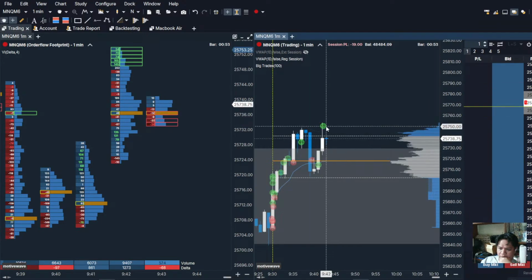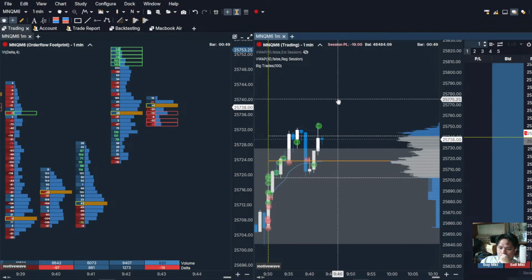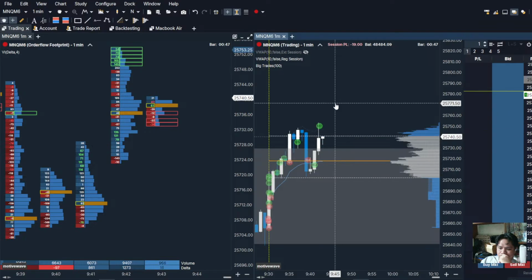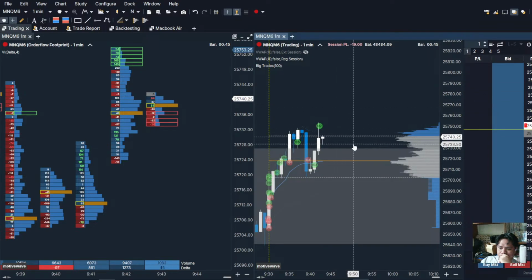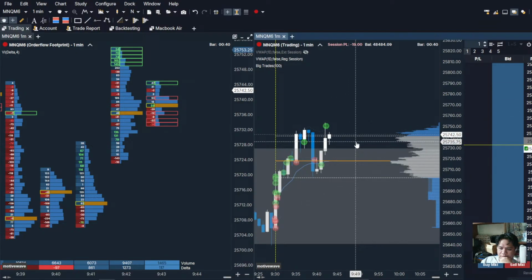I want it to go back up here and tap to confirm that. I want to see if we can break below this level here.